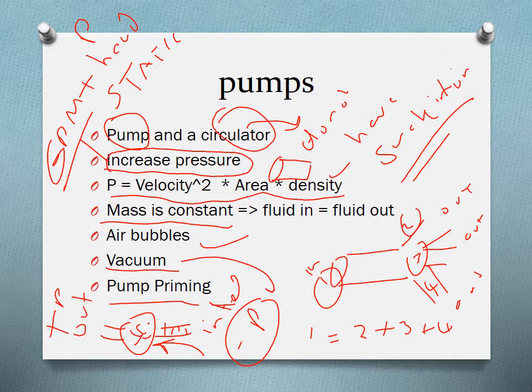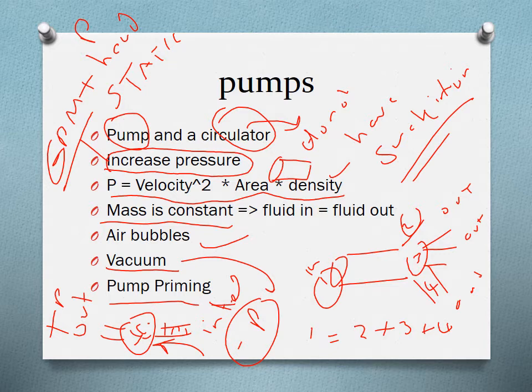And sometimes in oil burners, we have to prime the line all the way from the tank to the pump, especially if the tank is below the pump. So that's something you have to think about. You might have oil coming to the pump, but there's no oil flow, and that could be because the pump needs to be primed, meaning the inlet line has to be filled with oil.